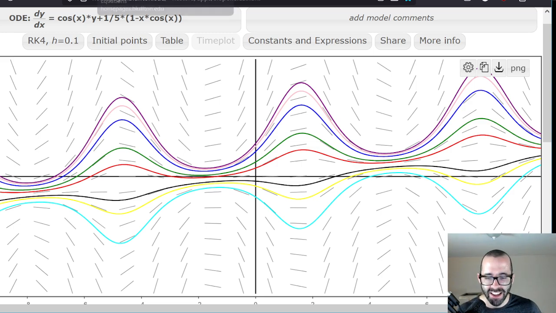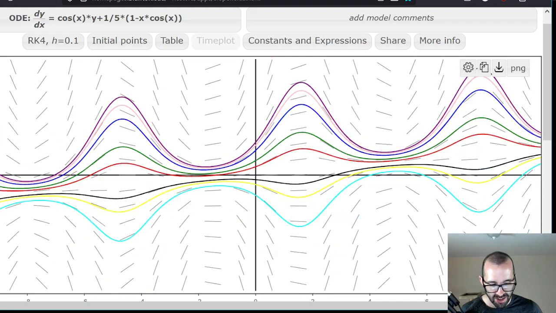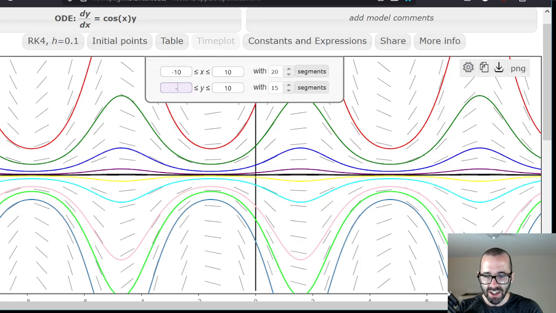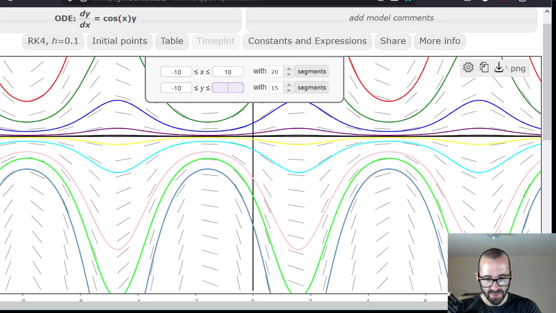Because we're adding that t over 5 to our solution. We're adding a linear term. Okay? That's kind of fun. We see these similarities, all the similar stuff is getting tilted a little bit. And it is getting zoomed out. I'm not actually sure it's supposed to be getting zoomed out, but I guess it is.